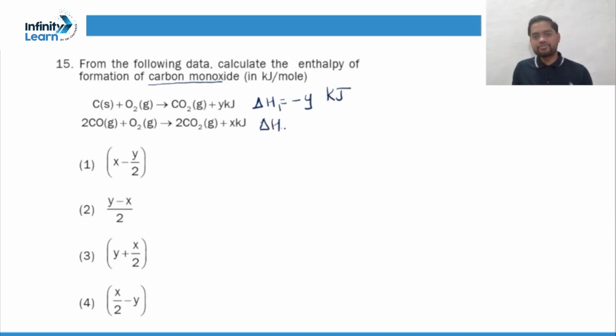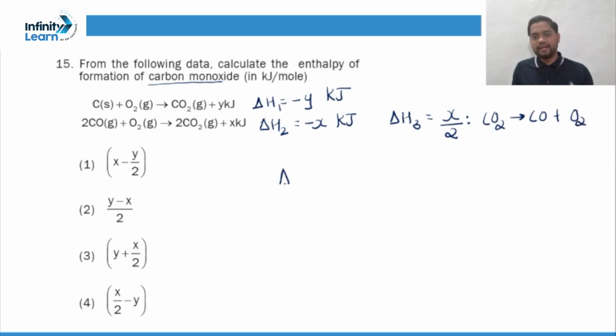And for delta H2, we can say it is minus X kilojoule. First thing that we have to do is reverse it. That means delta H will become positive and divide by 2. So the new delta H3 will be X by 2. And for this, the equation will be CO2 gives carbon monoxide plus oxygen gas.